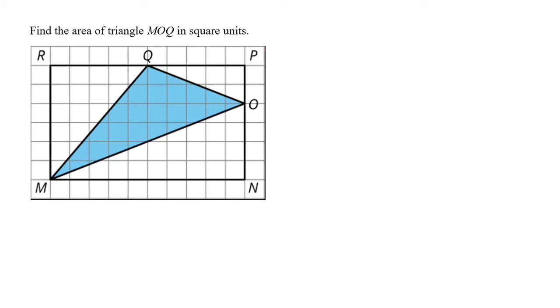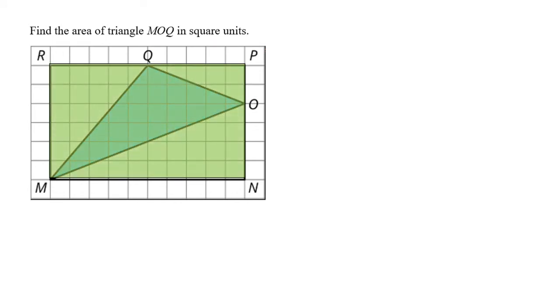So again, you want to use lines that are on the grid. And so I could notice that there is a rectangle here. RPNM is a big rectangle, right? And those lines are directly on the grid, so I could count how many units long they are. I also have a right triangle here, and I have another right triangle here, and I have another right triangle here.